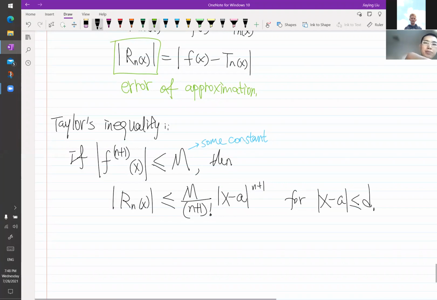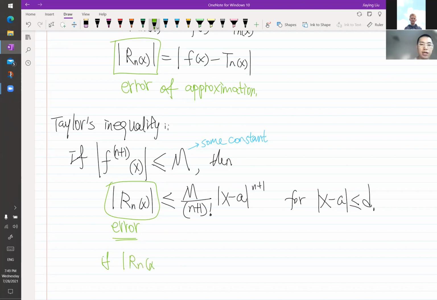But again, just like before, this part will give us the error of approximation. It will tell us how accurate it is. If that number equals 100, we know the approximation could be 100 units away from the actual function. That's not a good approximation. So if this R_n(x) is about 100, then it's a very, very bad approximation, right?